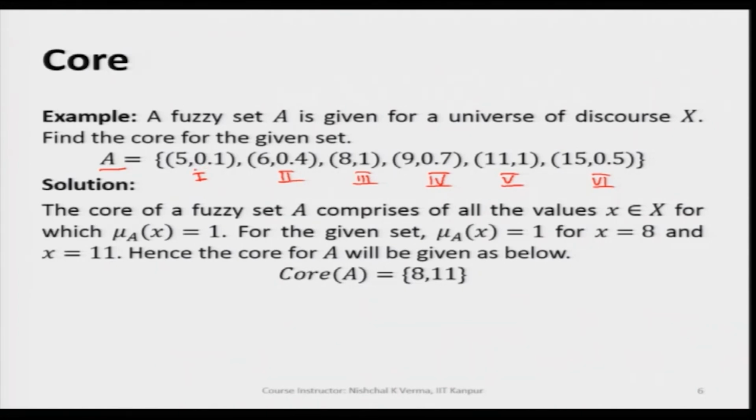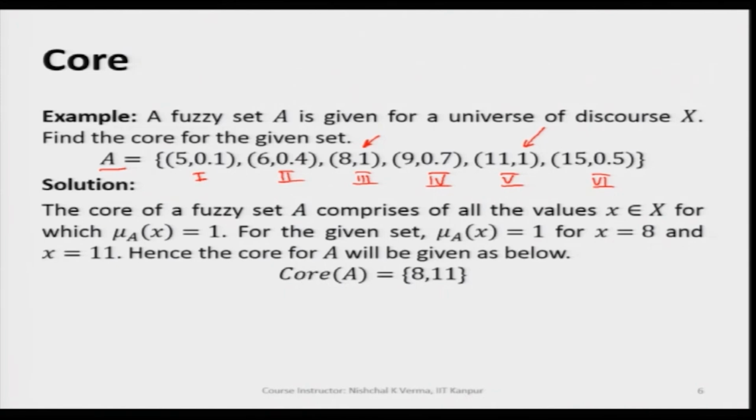If we look at this fuzzy set, we have 6 elements, 6 points, and we find there are 2 generic variable values for which the corresponding membership values are 1. One is the first one here, and the second one is here.